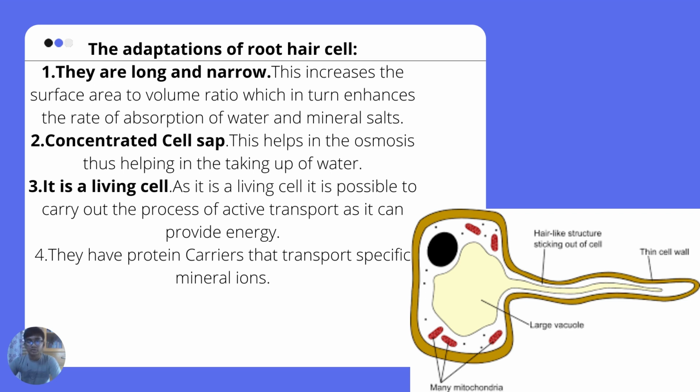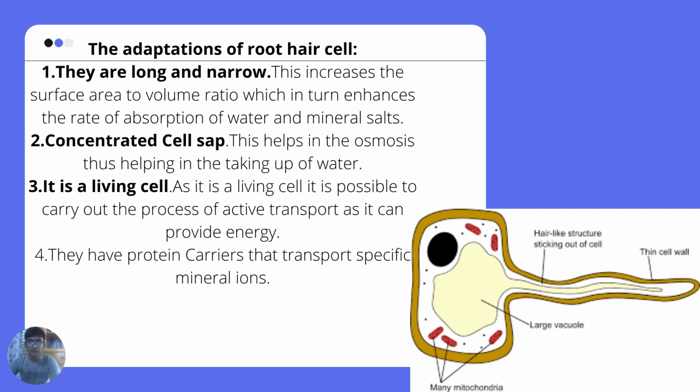So these special features include many things, but the main four are: they are long and narrow. This increases the surface area to volume ratio, which in turn enhances the rate of absorption of water and mineral salts. The second one is concentrated cell sap. This helps in osmosis, thus helping in the taking up of water.